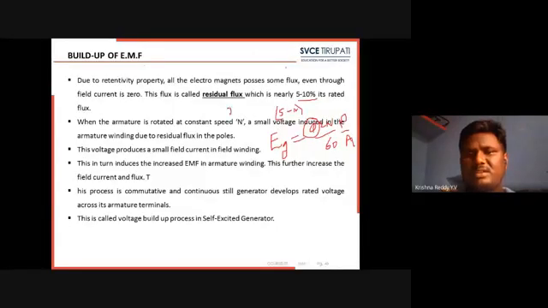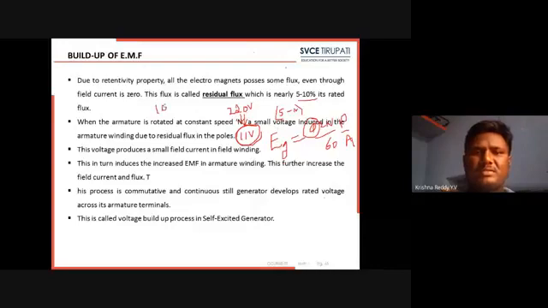If the rated voltage is 220 volts, 10% means 22 volts and 5% means 11 volts. It is nearly 10 volts. With 5 to 10% of flux, about 10 volts is generated.